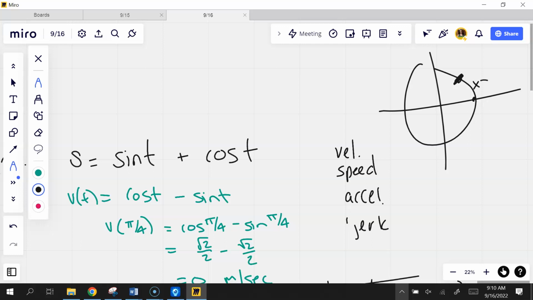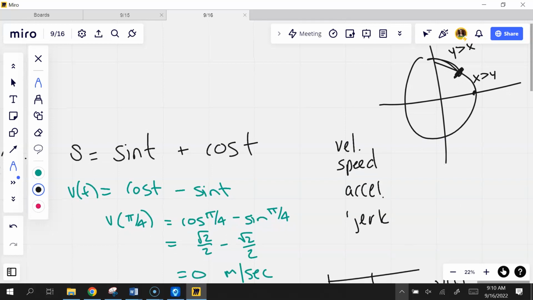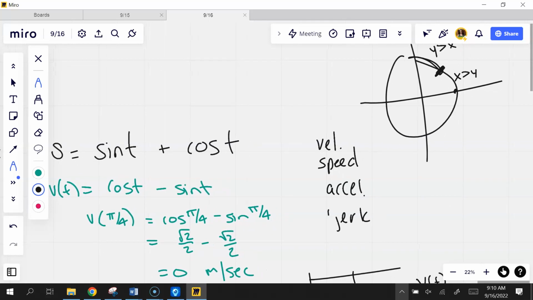So x is greater than y in this little interval. And from here to here, y is bigger, right? Think about how far over you're going and how far up. For velocity, I'm doing cosine, so x minus y, right?